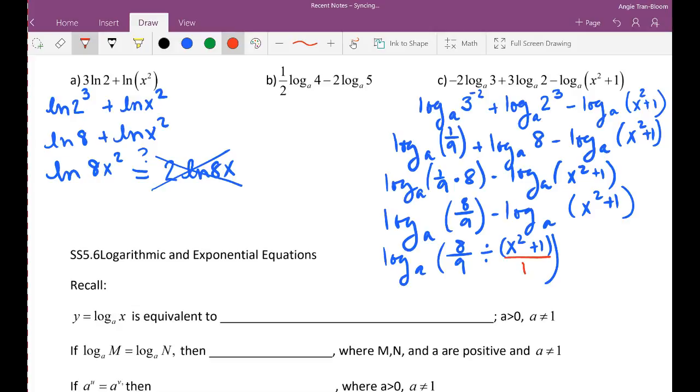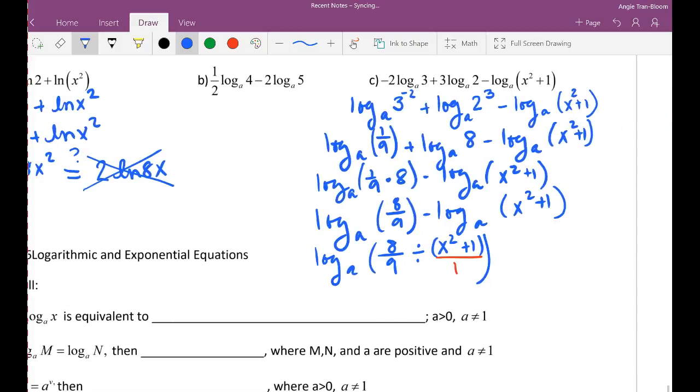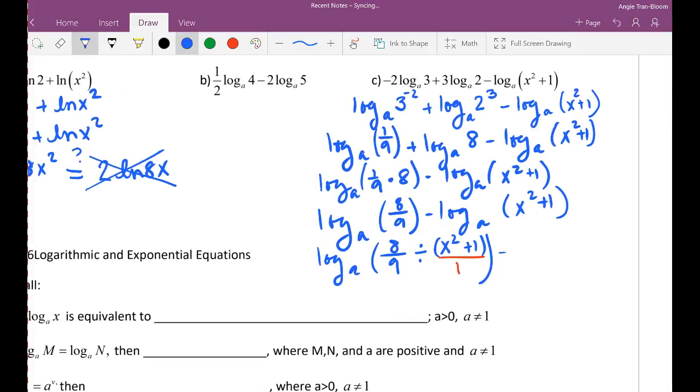So let's multiply by its reciprocal and see if we can go any further. This becomes log base A of 8 over 9 times what, class? 1 over x squared plus 1. Okay, let's multiply so we can box the answer.